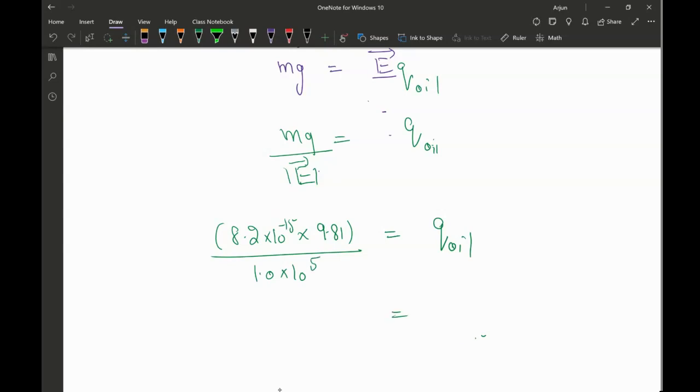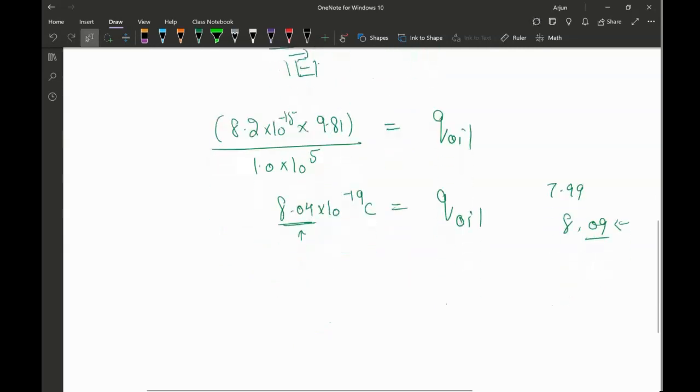Once you do the calculations, you'll find the charge on the oil droplet. That comes out to be 8.04 times 10 raised to the power negative 19 coulomb. This number may vary a little, so don't panic if it is something like 7.99 or 8.09.